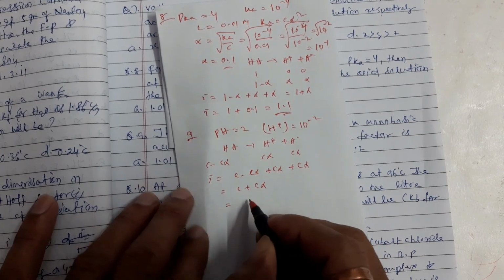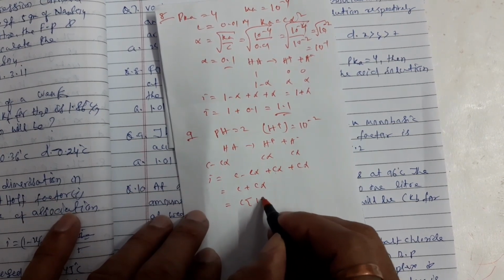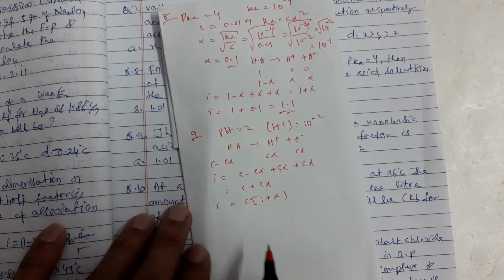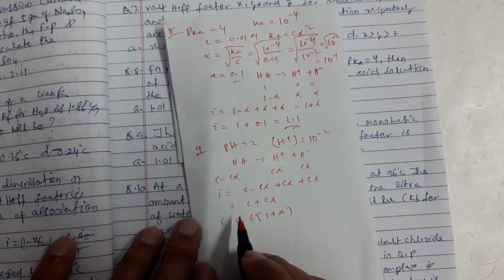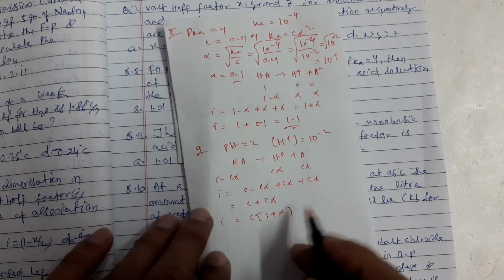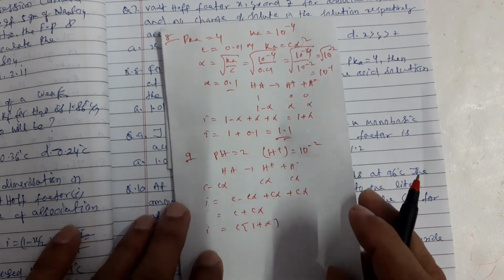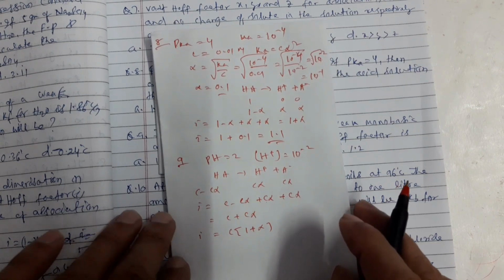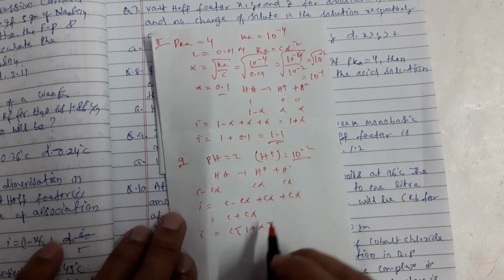Okay, so by taking C common you will get 1 plus alpha. And what is i? This is i. So you are getting this one. Okay, so this is the H plus concentration.